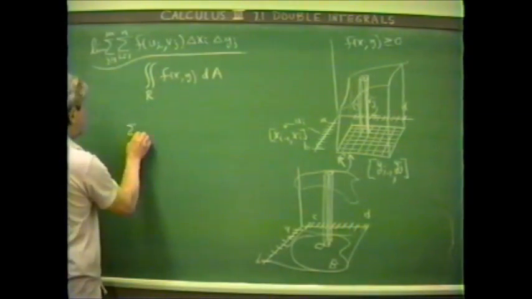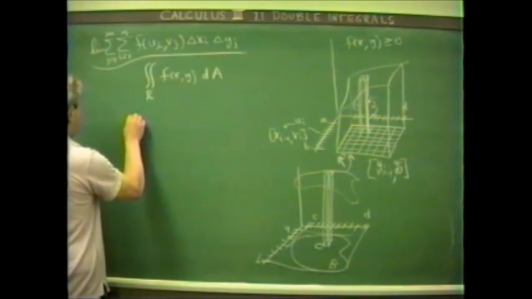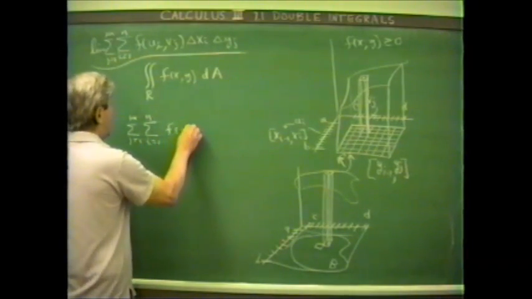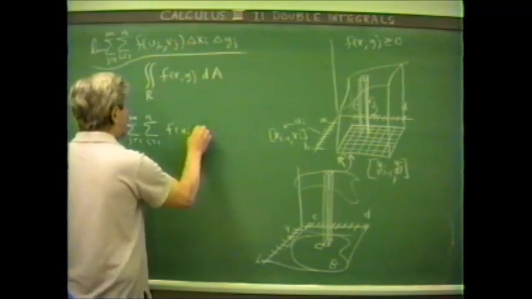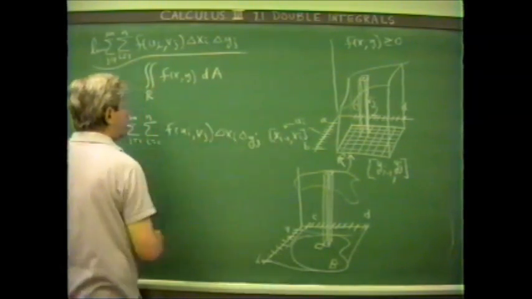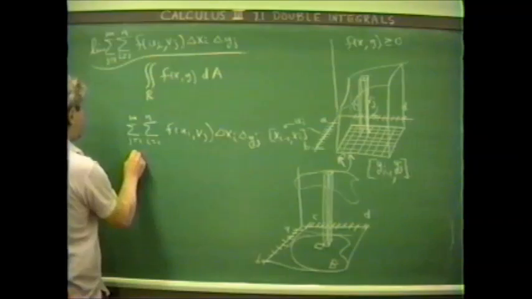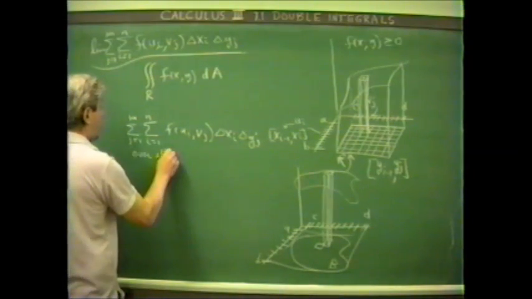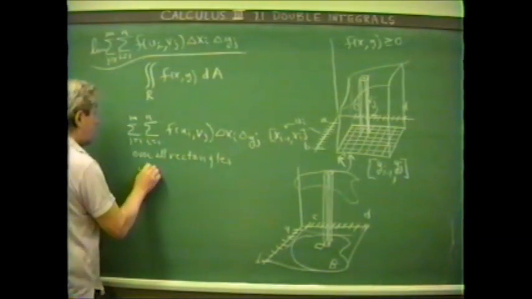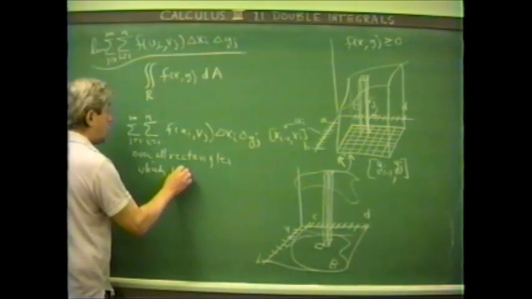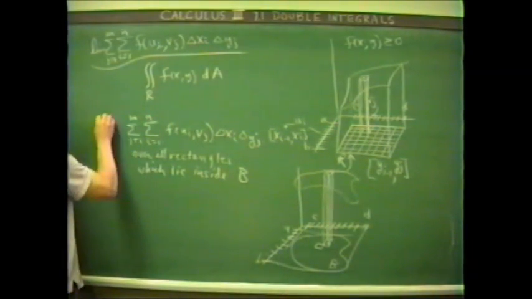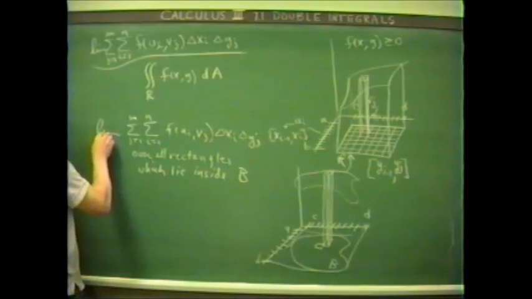We again form the sum, j goes from 1 through m, i goes from 1 through n, f of ui vj delta xi delta yj, where this sum is over all rectangles which lie inside the region B. And we take the limit here as the norms of the partitions go to 0.